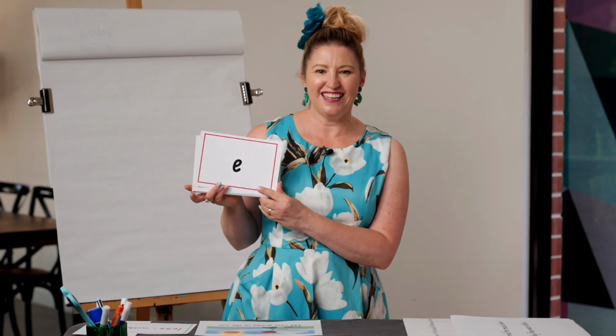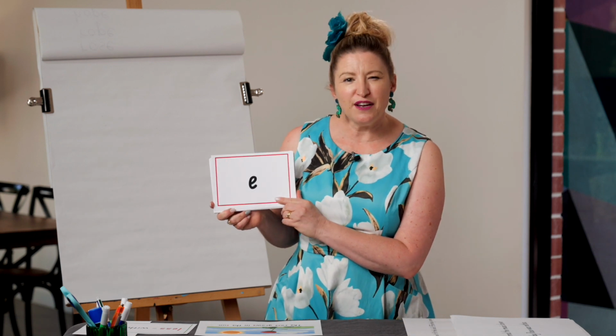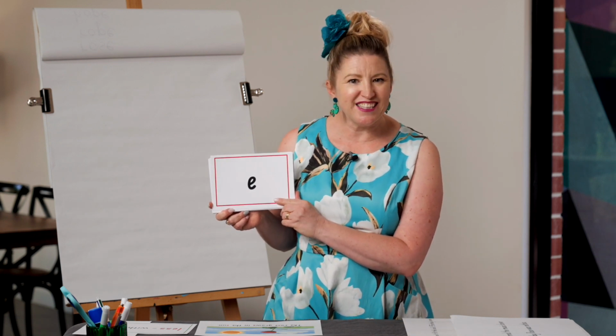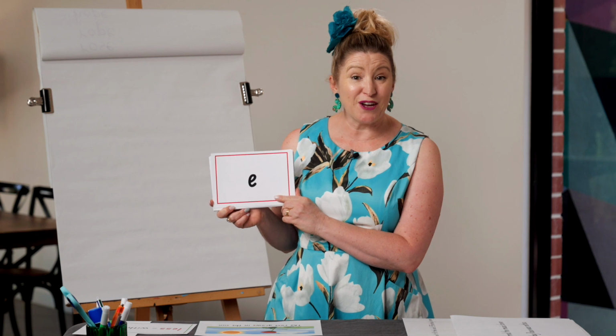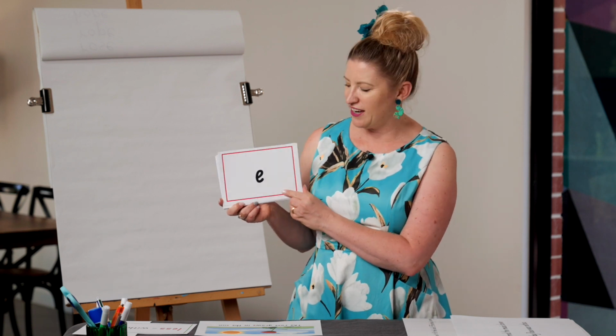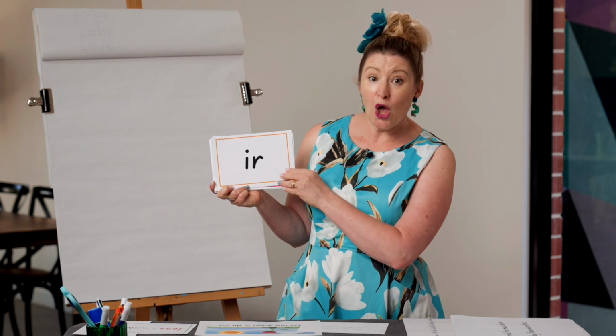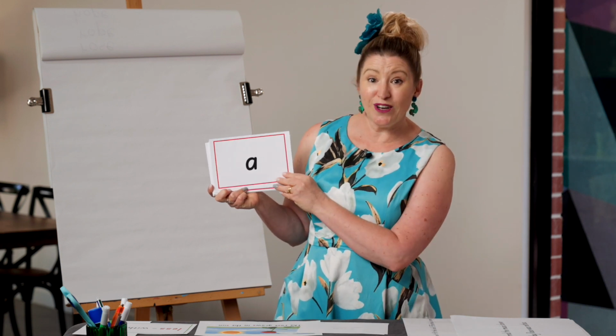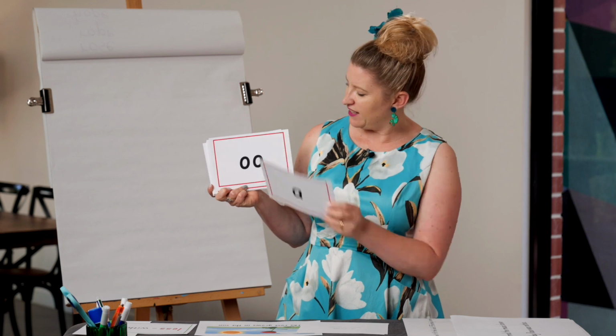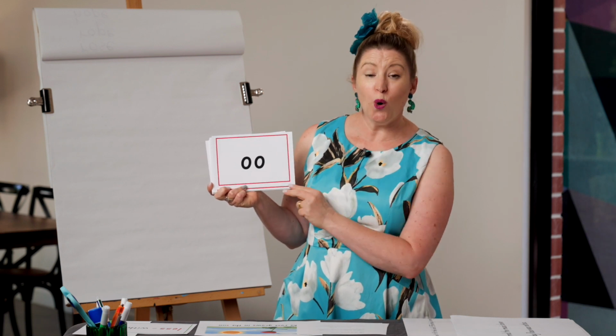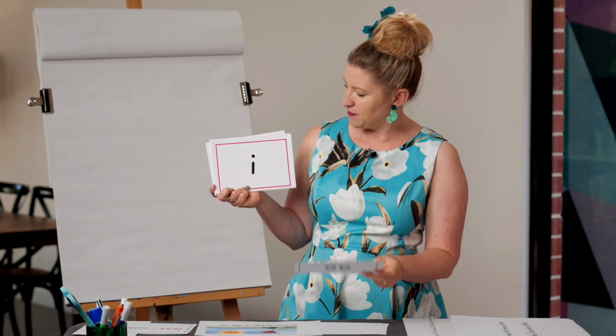Are you ready? Let's see if you can remember the two sounds that each grapheme is going to make today. See how you go. Short sound, E. Long sound, E. Short A, long A. Two sounds. O, U. Think moon, book.